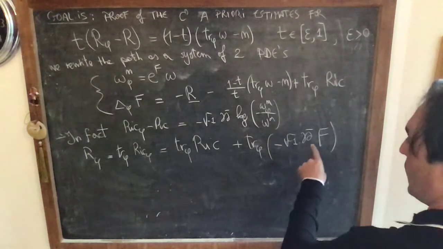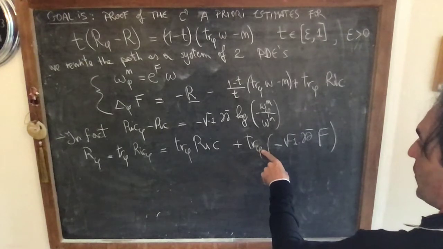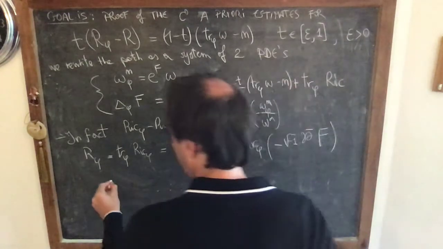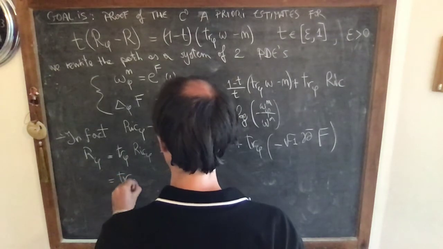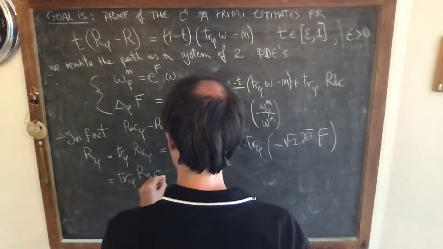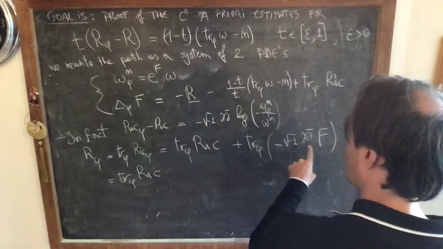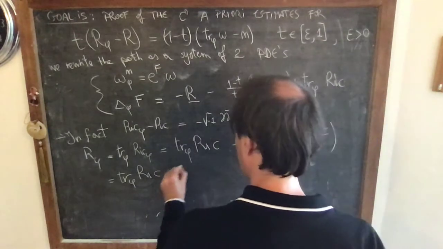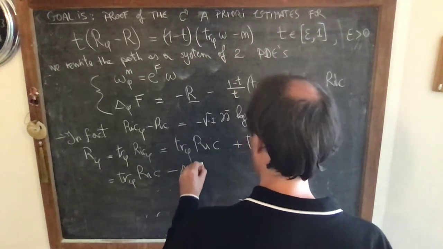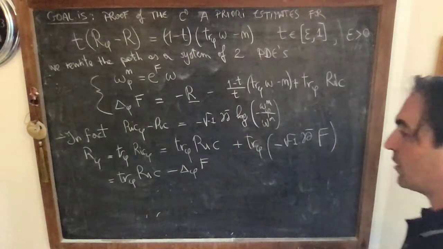So we take the sign of the Laplacian to be such that this is minus Laplacian of phi over x. So it's the metric Laplacian.